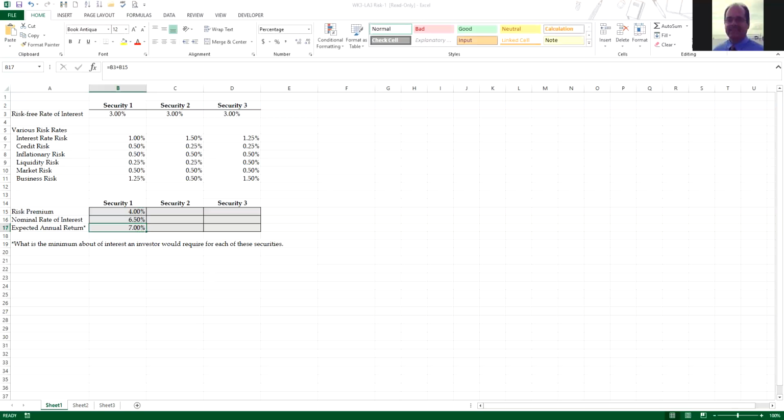Your risk premium is 4%, which is all the various risk rates. Your nominal rate is your expected return less your inflation rate, and your expected return is your risk-free rate plus your various risk rates. So there you have it.